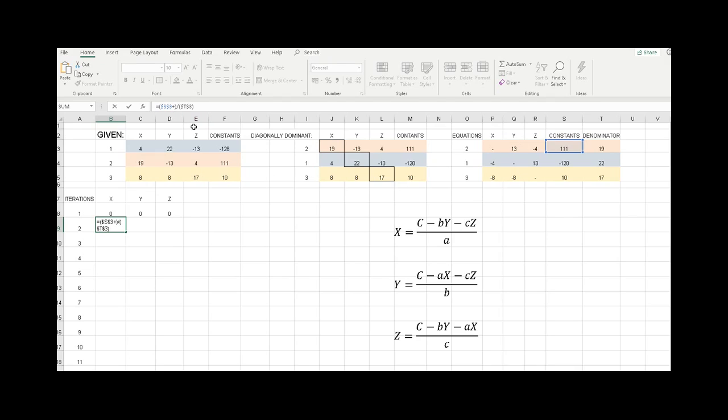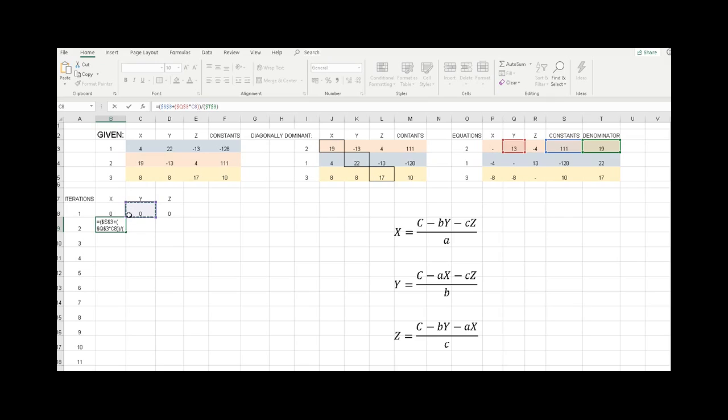So plus the quantity of by. What's the coefficient of y? Again, it doesn't change. Multiplied by y. Now, what is the value of y? Y is our first guess, which is right here, 0.